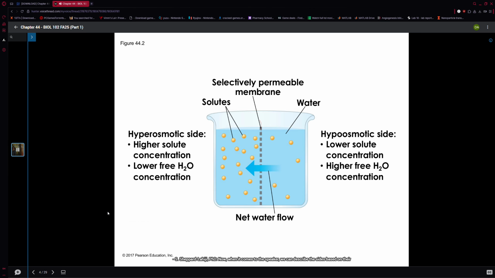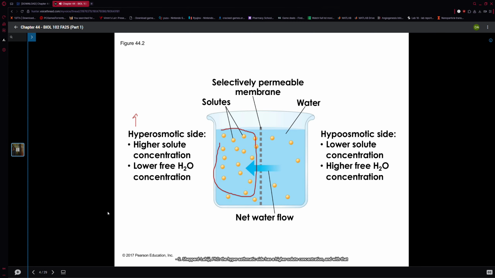Now, when it comes to this beaker, we can describe the sides based on their osmolarity. So to have a hyperosmotic side, so we're thinking about osmolarity, so the number of active moles of solute per liter of solution, it's hyper, so there's more of it. And we can see that visually illustrated by a ton of circles that are found on the left-hand side.